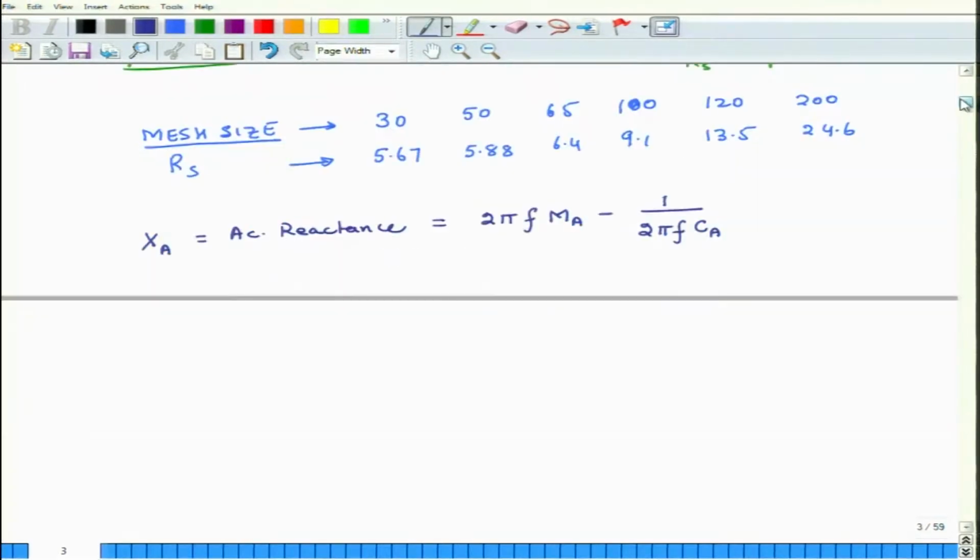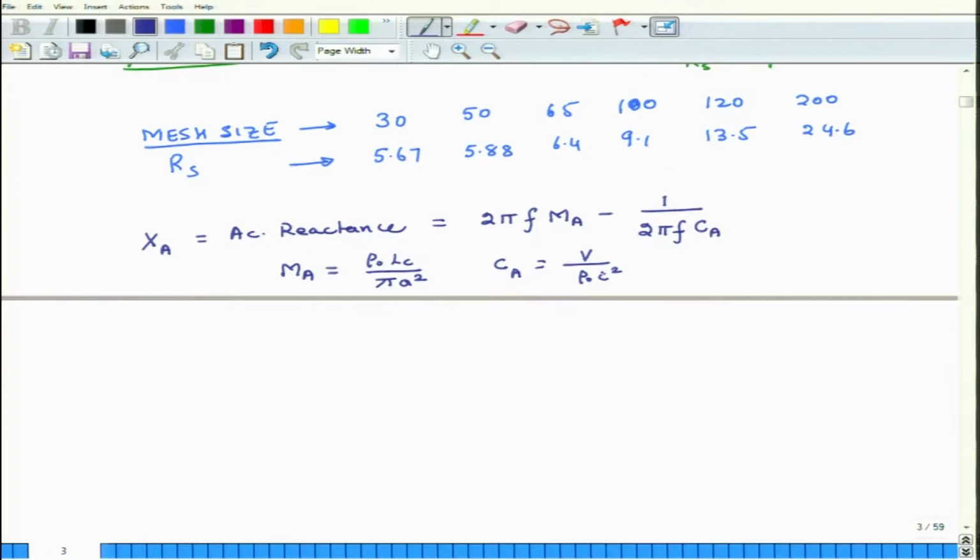We had defined these terms in the last class, but nevertheless I will again write it down, where M A equals rho naught L C divided by pi A square, and C A equals volume divided by rho naught C square.